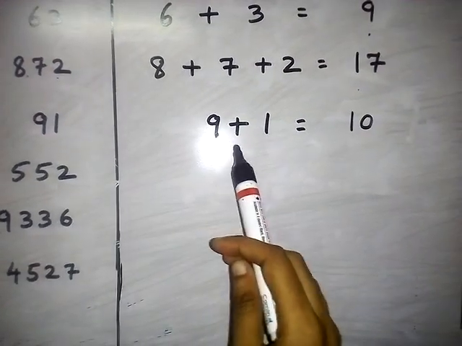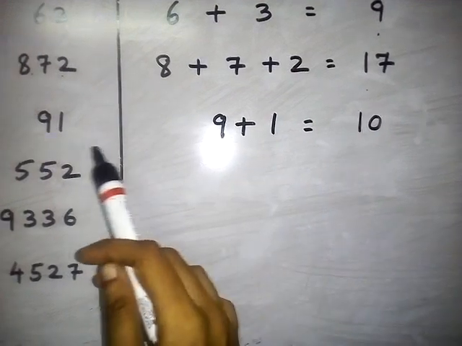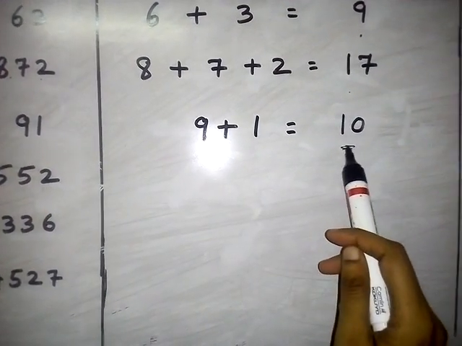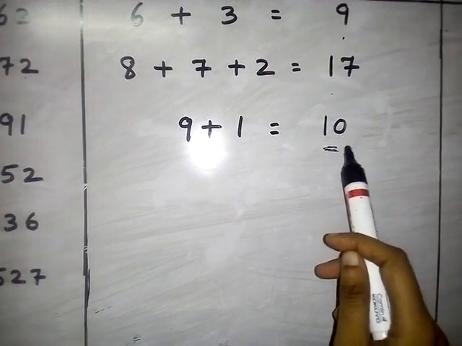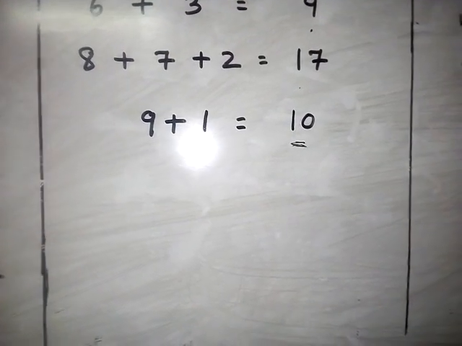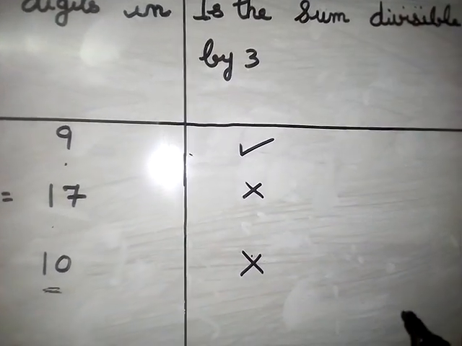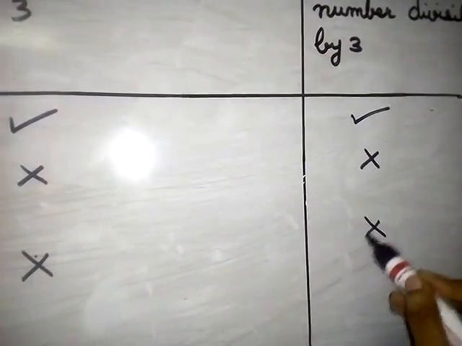After writing in digit form, the sum of the digits in the number 91 is 10. So number 10, is it going in the 3 table? No. So answer is no. Is the sum divisible by 3? No. Is the given number divisible by 3? No.